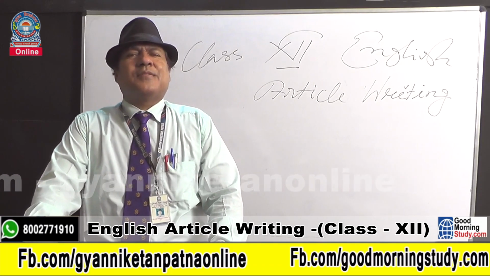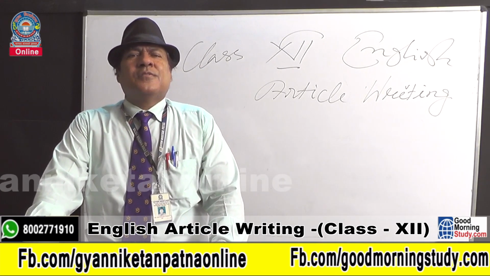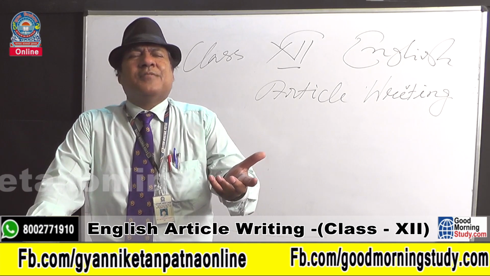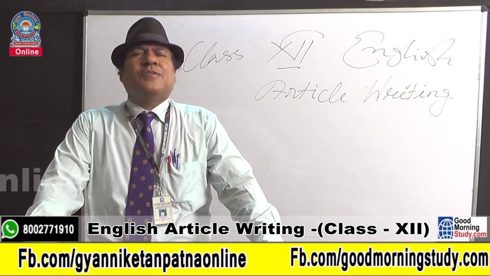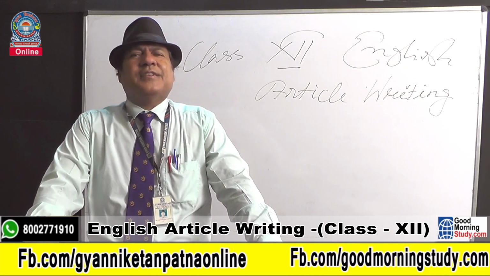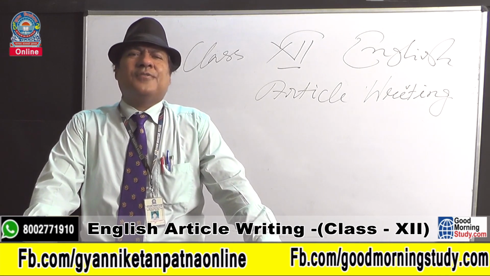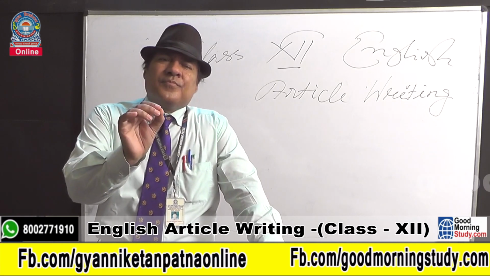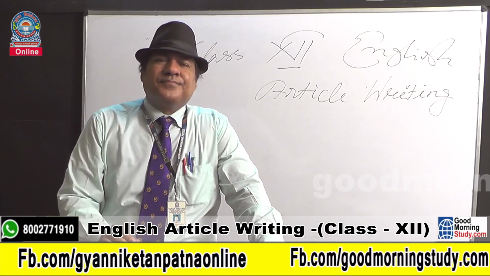Suppose you are writing on Mahatma Gandhi, on the Indian War of Independence, or on the French Revolution. You can't write these unless you have a proper sequence of time.